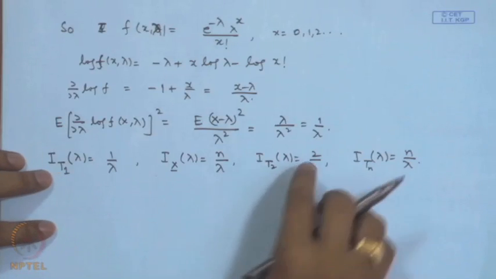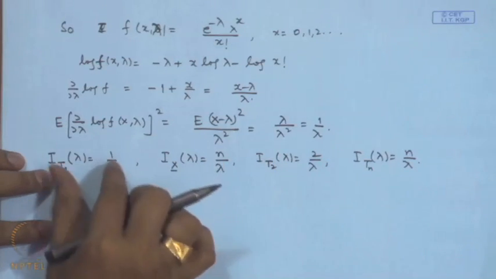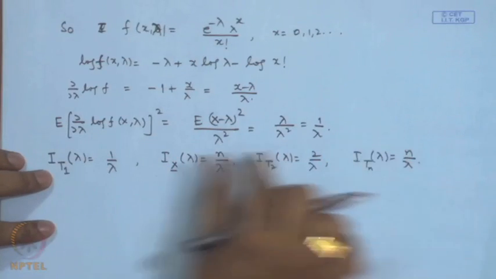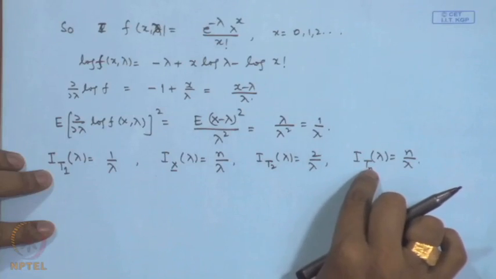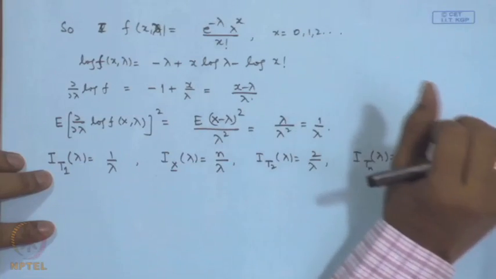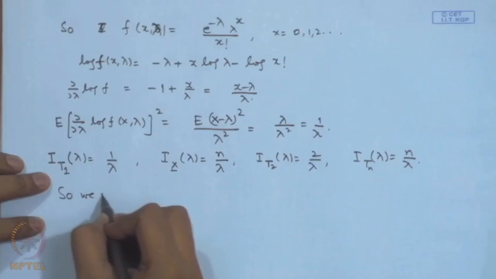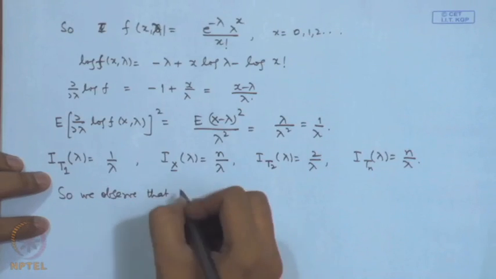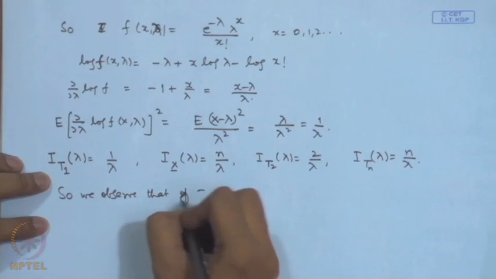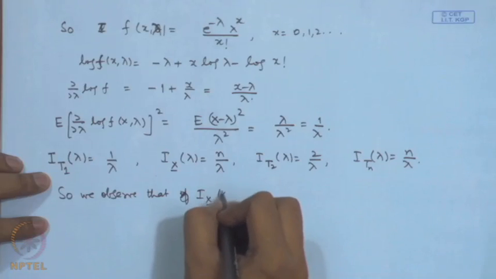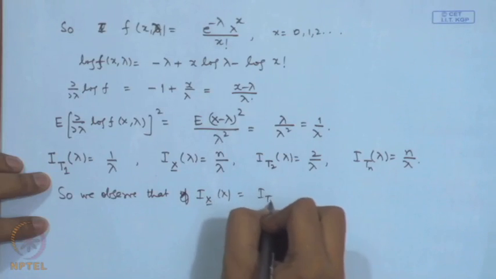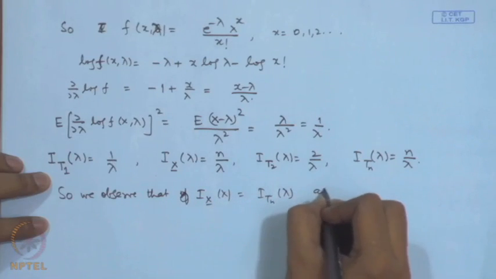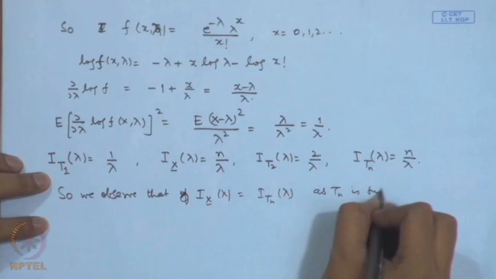So, you can see this one is less than this, however, this one is equal to this, and T n, that is sigma x I, in the case of Poisson distribution, we have shown that it is sufficient statistics. So, we observe that if information of x is same as information in T, as T n is sufficient.